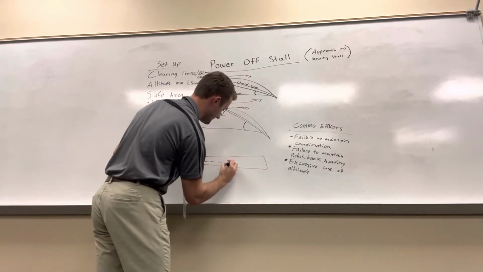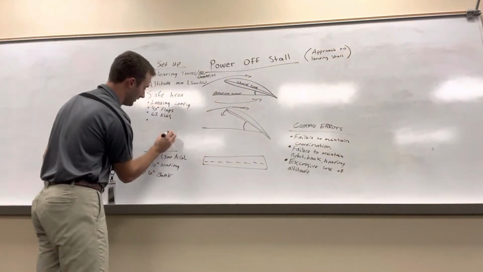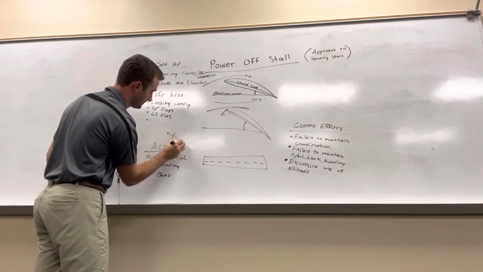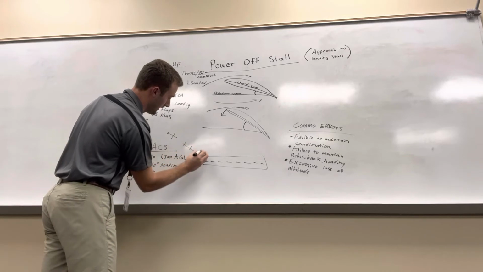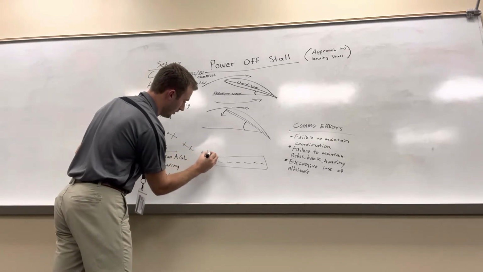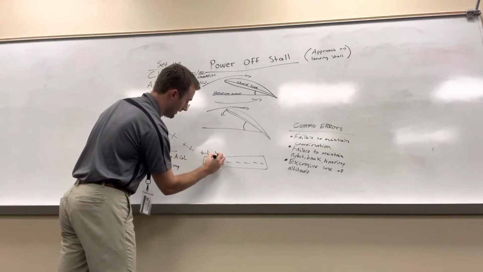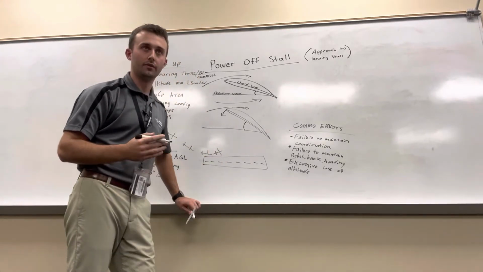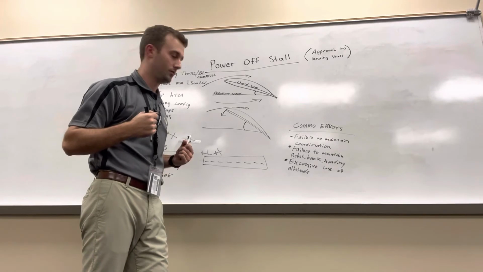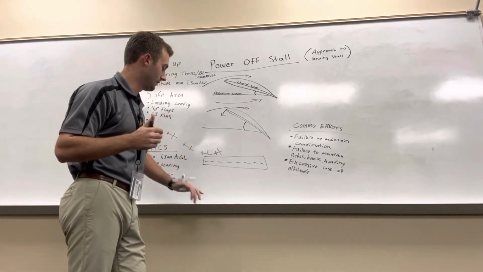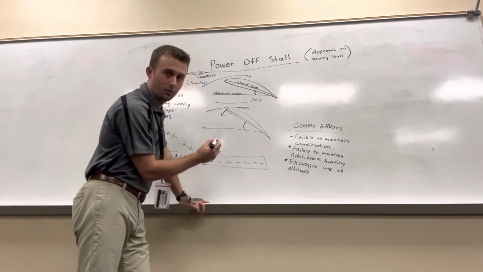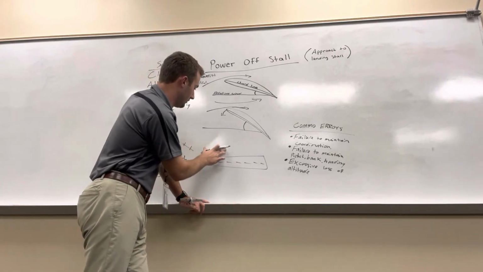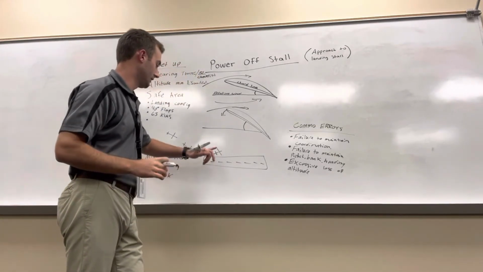Where this usually happens, we're coming in on approach for landing. We get down here, we're very slow, we get into a flare right here. And maybe a gust of wind or something scares you, so you put too much back pressure on the plane and you stall over the runway.